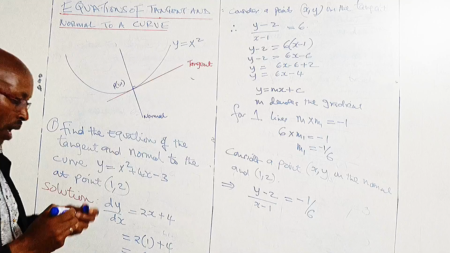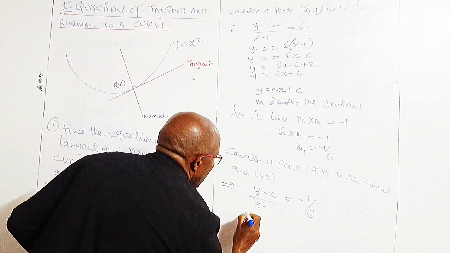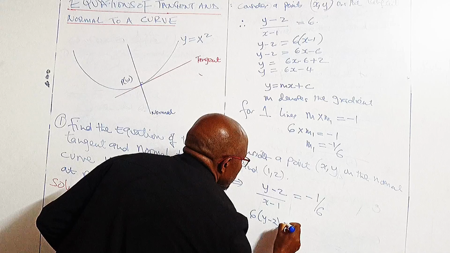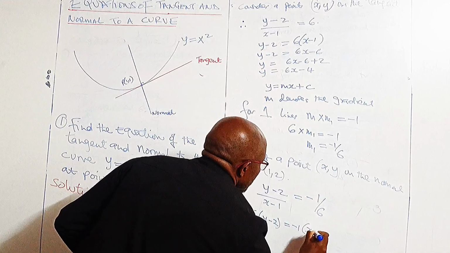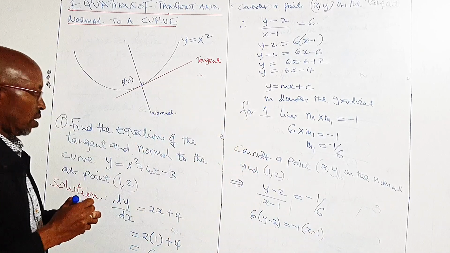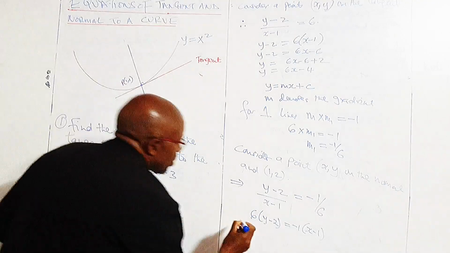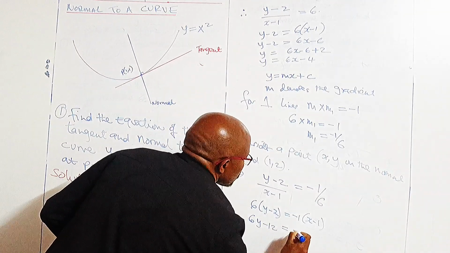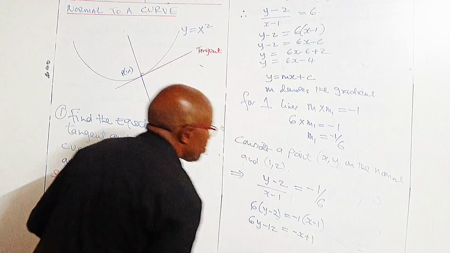We cross multiply. So we'll have 6(y - 2) is equal to -1(x - 1). Opening the bracket, we'll have 6y - 12 is equal to -x + 1.